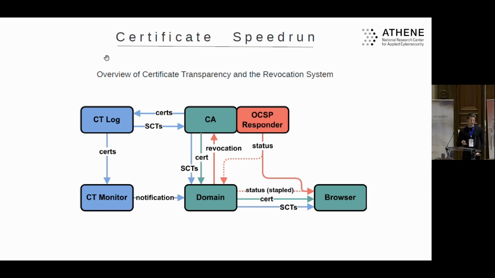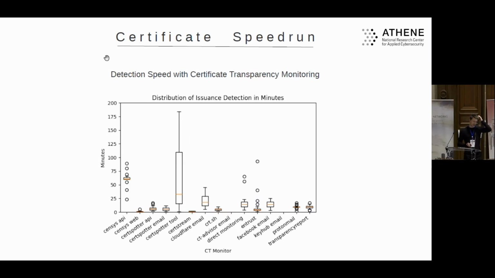Since the situation we're working from is that there exists a fraudulent certificate which is valid, we're basically doing damage control, and we want to revoke the certificate as quickly as possible. So we want to find out how quickly we can detect it, and so we did some measurements.